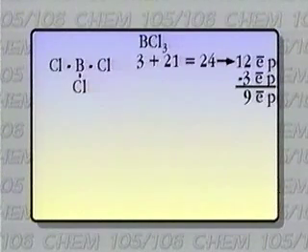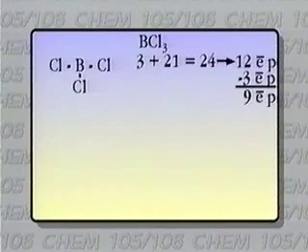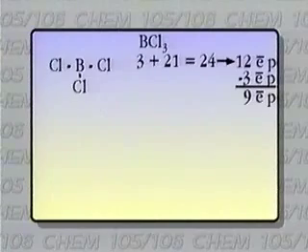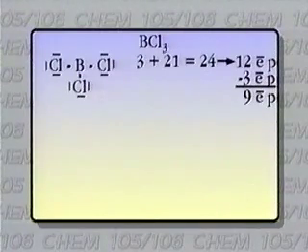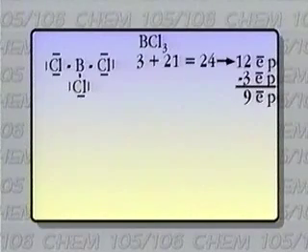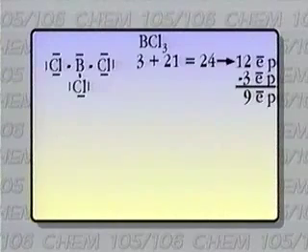Now, looking at the structure there, we can see that we would need 3 more pairs on this chlorine, 3 on this one, 3 on this one, and 1 more on the boron to give everything an octet. That would be 3 plus 3 plus 3 plus 1 for 10.